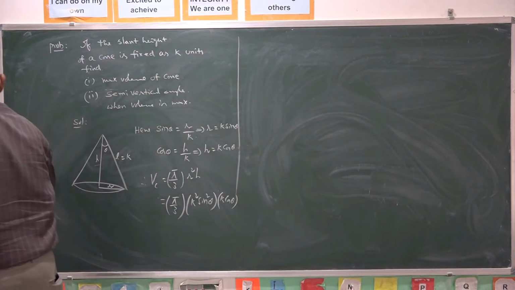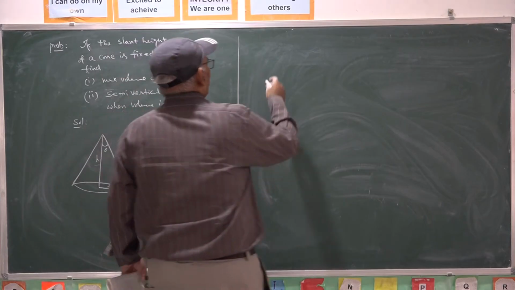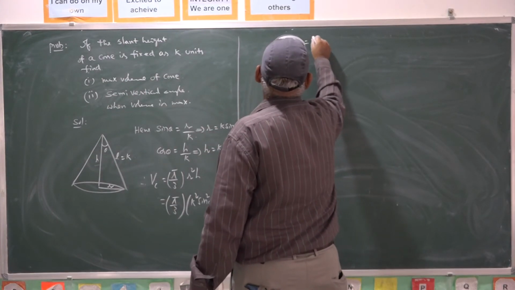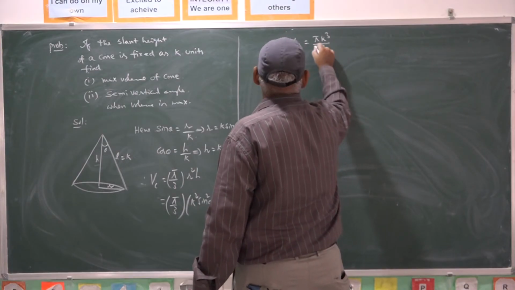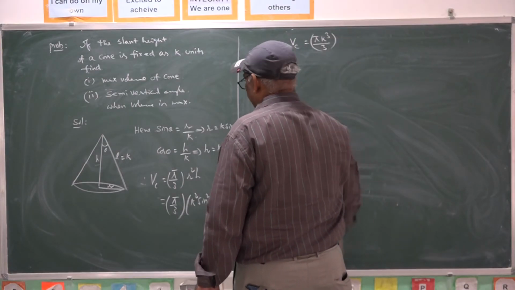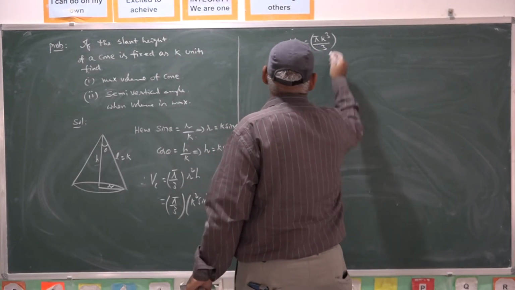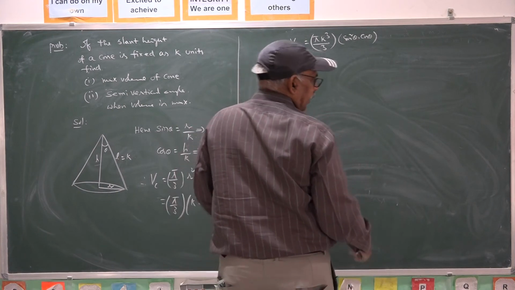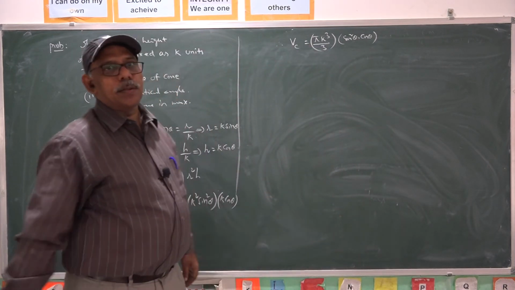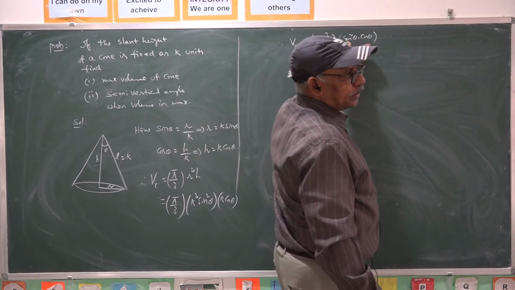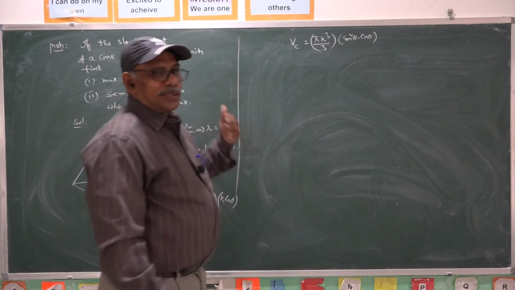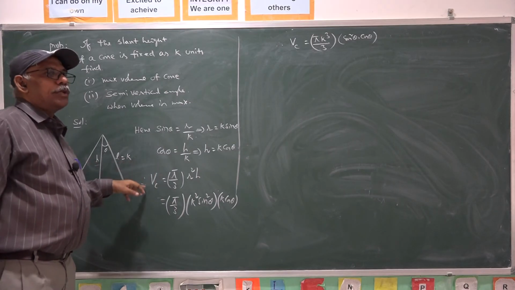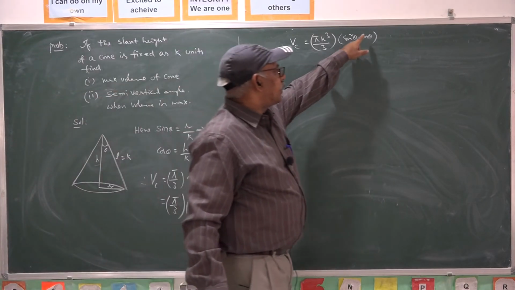Therefore Vc equals pi K cube by 3, which is clearly constant because K is fixed, into sin square theta into cos theta. So Vc is completely dependent on this function only. The maximum value of the volume of the cone depends on this function only.